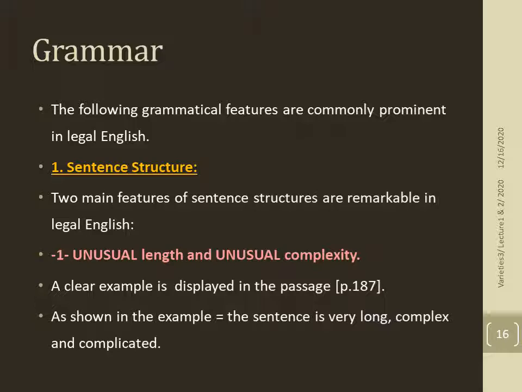Now, can you imagine? These are abnormal in English language use, but it's possible to use it in legal text. Okay, so the first remark is that the sentences are unusually long and they are unusually complex.